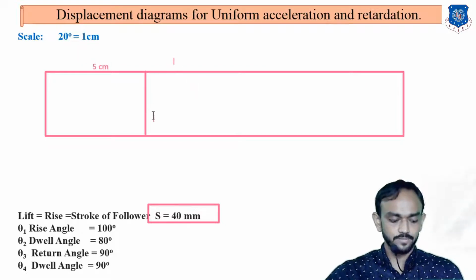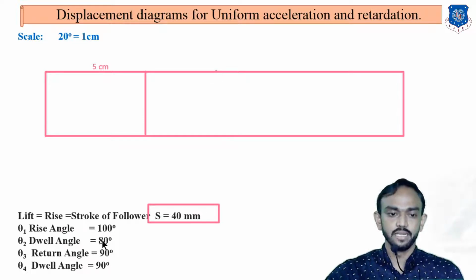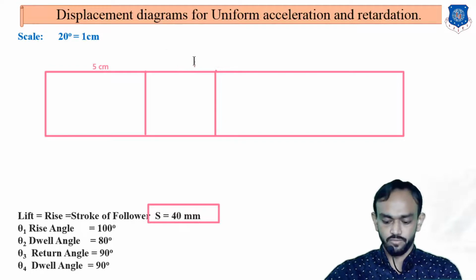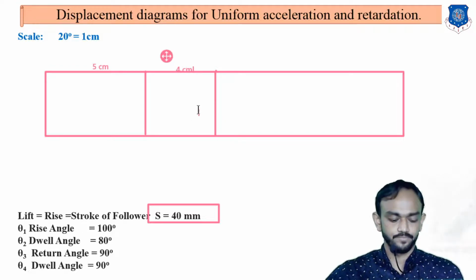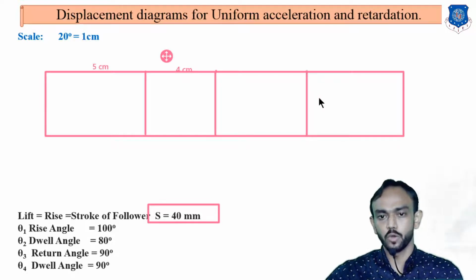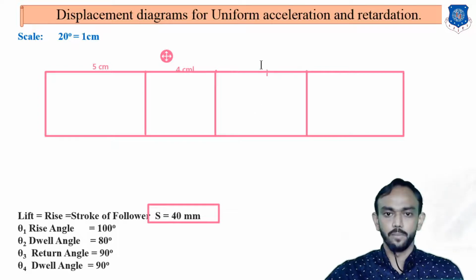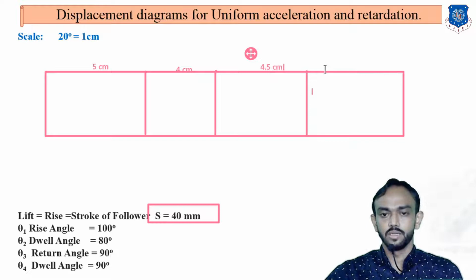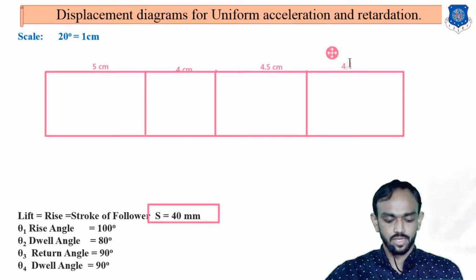After that the second part, 80 degrees: 20 degrees equal to 1 centimeter, so 80 degrees equal to 4 centimeter. So you are going to make this 4 centimeter here. After that 90 degree is equal to 4.5 centimeter, and you are going to make this 4.5 and 4.5. So that's how you will complete this 4 partition of this rectangle.